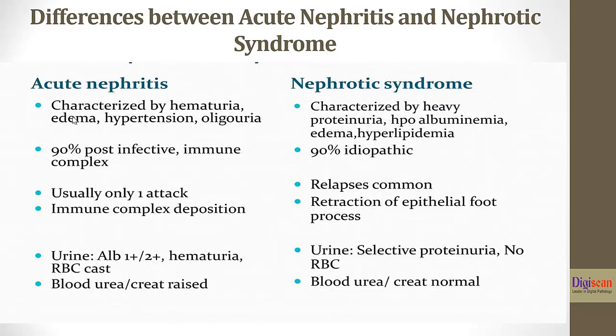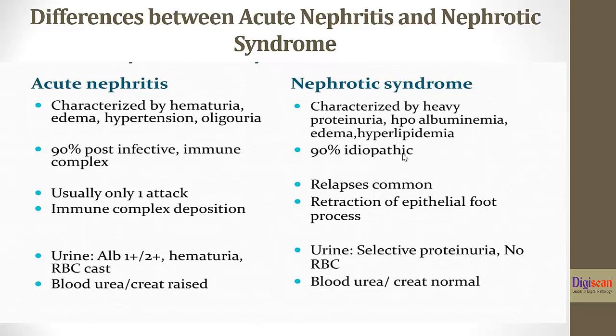Now, differences between acute nephritis and nephrotic syndrome. Acute nephritis is characterized by hematuria, edema, hypertension and oliguria, whereas nephrotic syndrome is characterized by heavy proteinuria, hypoalbuminemia, edema and hyperlipidemia. In nephritic syndrome, 90% of the cases are post-infective and immune complex mediated.